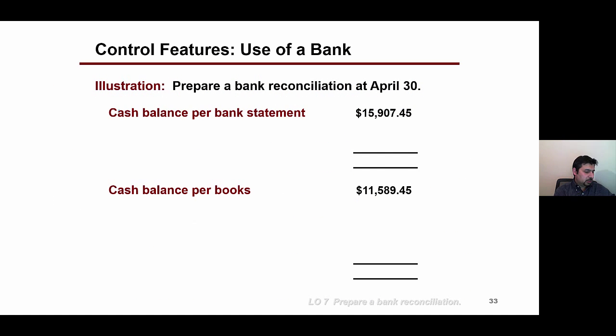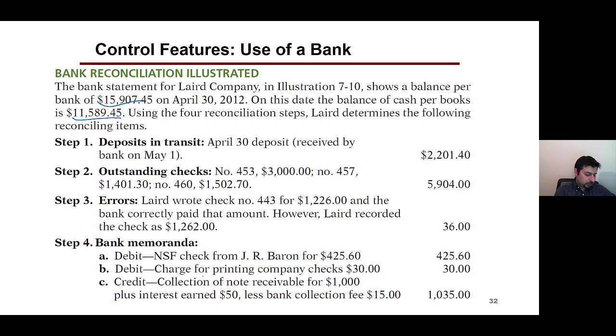In addition to that, the company has these 4 steps. Those are the steps that we discussed earlier. So we have deposits in transit, outstanding checks, errors, as well as bank memoranda. So the way to deal with this is to start with the bank balance and get to the correct one, which will be used as a reference to compare the adjusted cash balance per books.